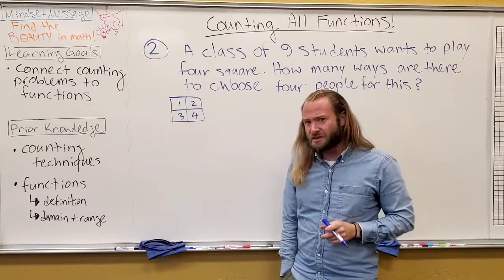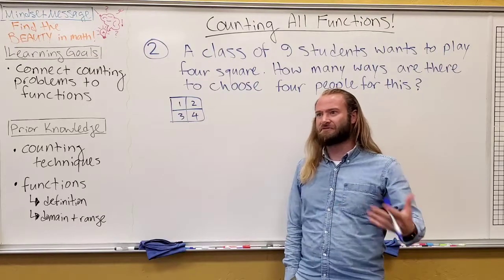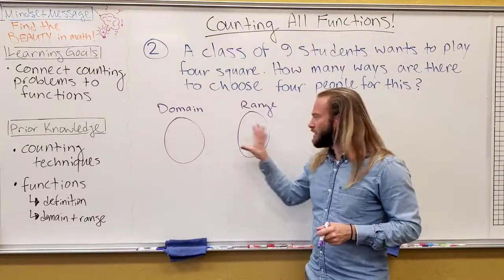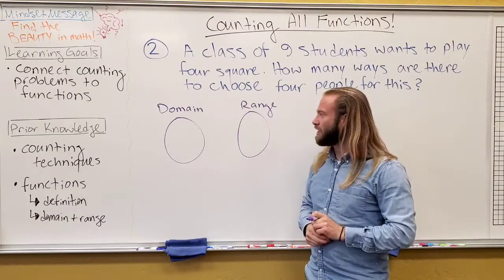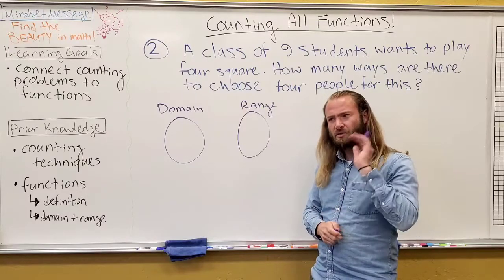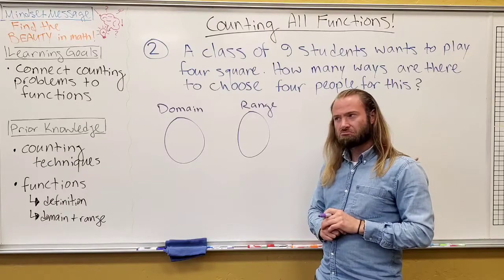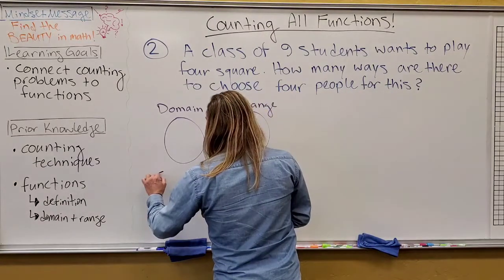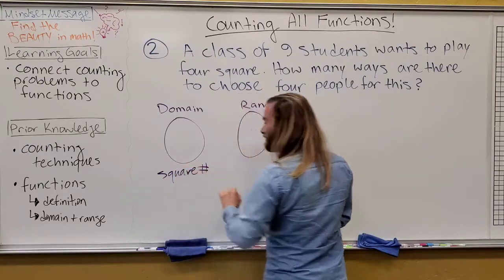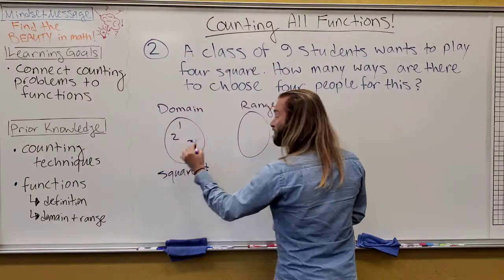So let's relate this to functions and talk about how all these functions are different from the functions based on the last problem. So again, we're going to set up one of these mapping diagrams, we call them, and label the domain and range. Think for me real quick, or think for yourself, what in this case would be the domain? Well, the domain would essentially be the square number that somebody's standing in. So it could be 1, 2, 3, or 4.